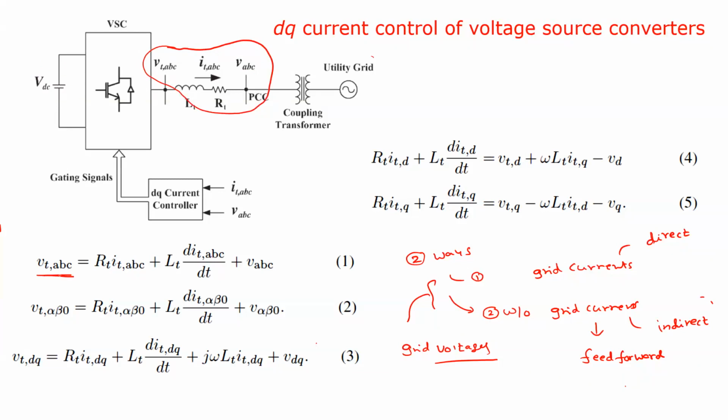VTABC is a 3 by 1 matrix, put in matrix form: VTA, VTB, and VTC. You are aware of this.